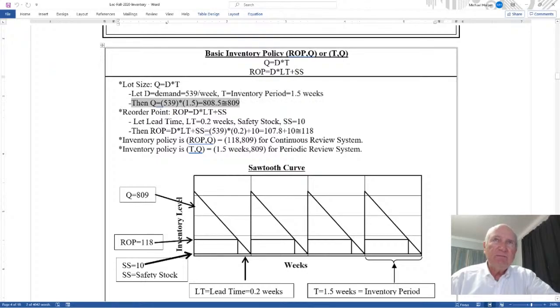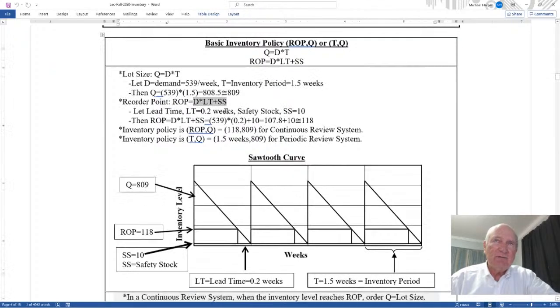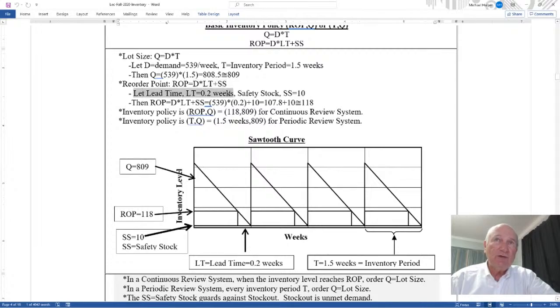My order point is demand times lead time plus safety stock. So my lead time, let's say, is 0.2 weeks, like 1 day, 5-day week. Safety stock is 10. Notice demand is in weeks. The time units have to be the same. And so we go through here and we have ROP.